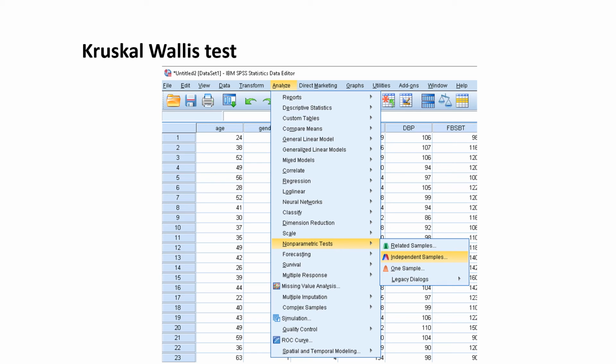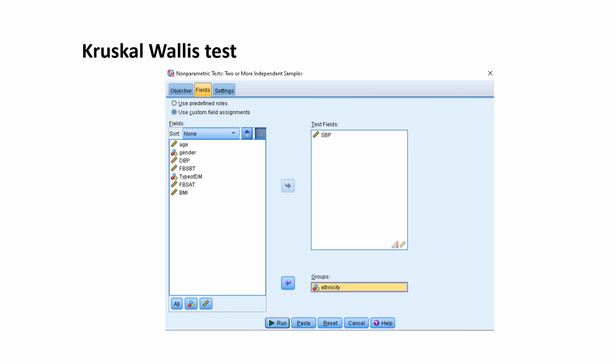Here for the Kruskal-Wallis test, more than 2 independent categories are there. So you select systolic blood pressure and ethnicity as the group. Ethnicity has 4 categories: Malay, Chinese, Indian and others. So you select ethnicity as the group, and in the test field you select systolic blood pressure.